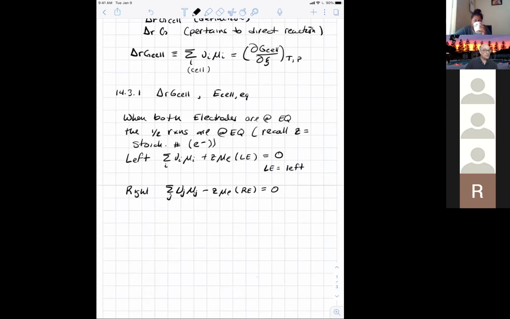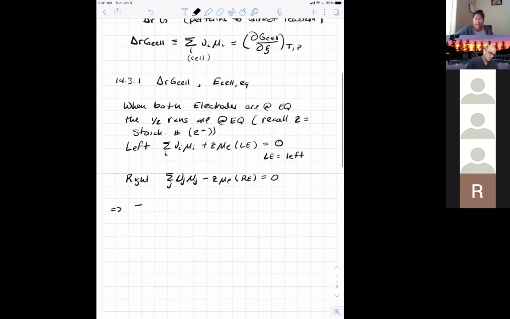And at equilibrium, remember the definition is that this equals 0 at equilibrium. So what we're going to do is put these two together. And now you can see why I'm going to use different summation labels so we don't conflate them.